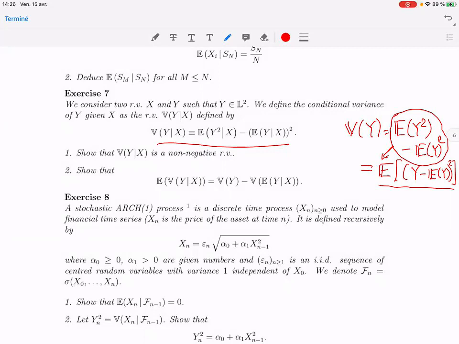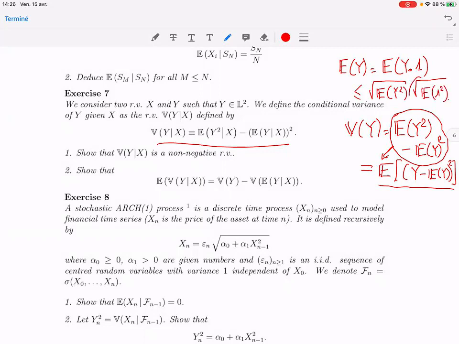Yeah, it's like a Cauchy. Yes, it is Cauchy-Schwarz, exactly. You can write the expectation of Y as the expectation of Y times 1. So it is a product of two functions, and by the Cauchy-Schwarz inequality, you know that it is smaller than the square root of the expectation of Y squared times the square root of the expectation of 1 squared.